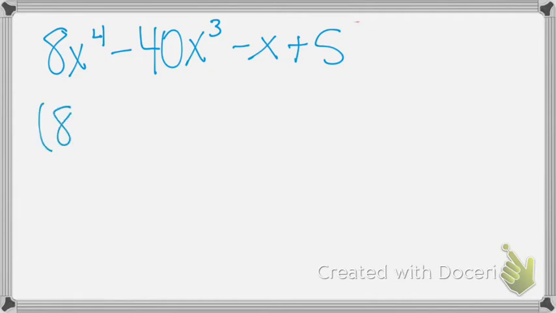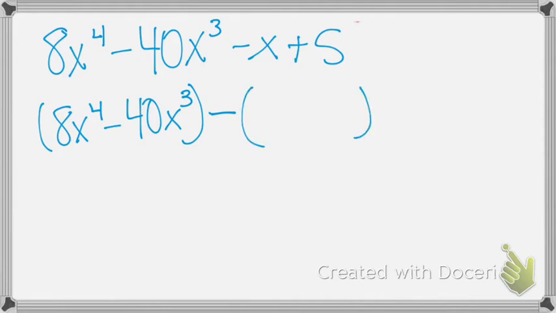So we have 8x4 minus 40x cubed. We bring down our sign. And I'm saying x minus 5 instead of x plus 5, because if I were to distribute out this negative in the middle, I would need this to be a negative 5 in order to get this positive 5.